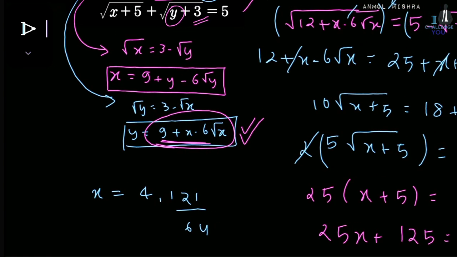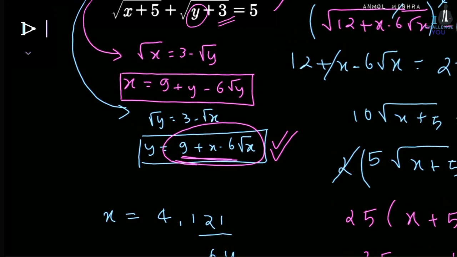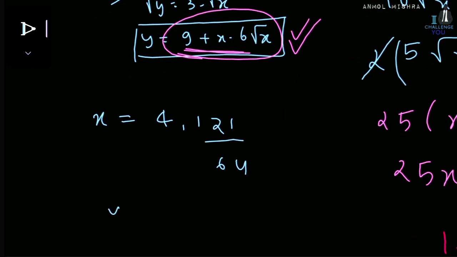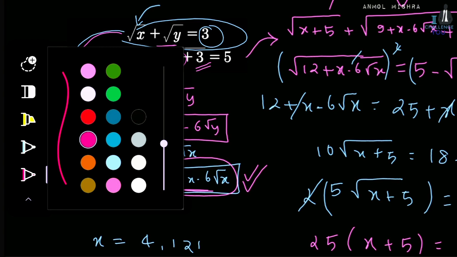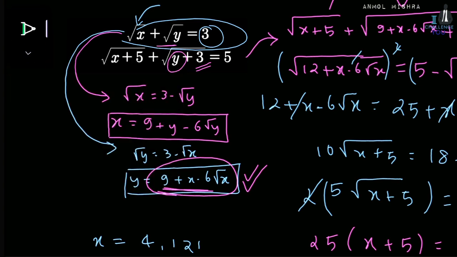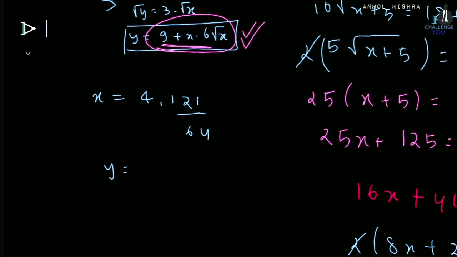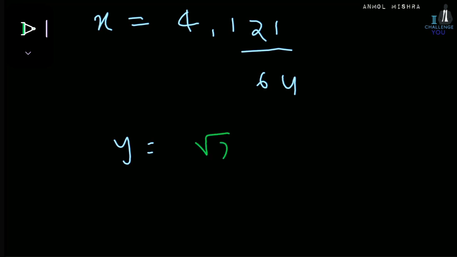We have obtained the x values, so now we need y. We can put these values in the first equation only, since putting them in the other would be a difficult task. Root x plus root y equals 3, so root y equals 3 minus root x.